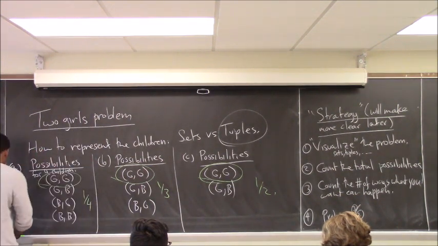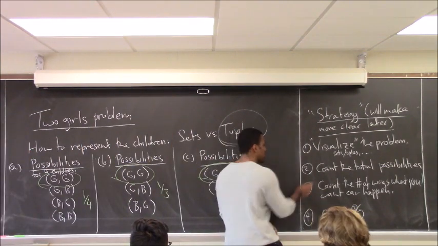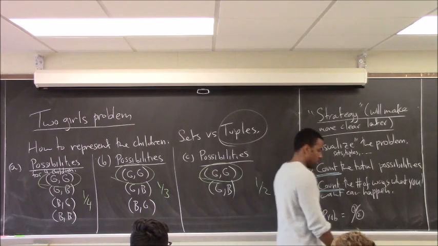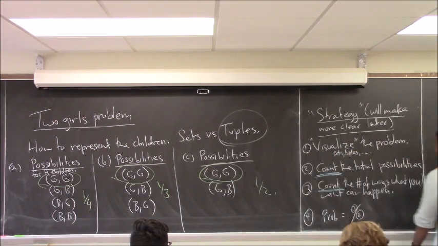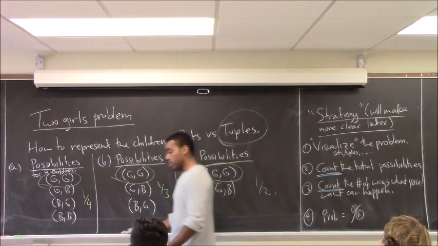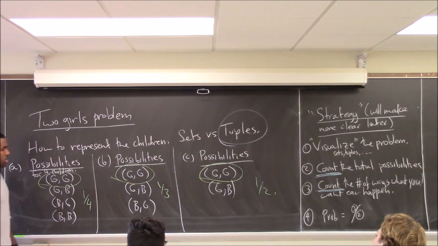But here's one thing that you should notice. Visualizing is pretty important, but it's also pretty important that we know how to count. Because not always are we just going to be dealing with 4 possibilities. Sometimes we'll be dealing with thousands of possibilities. So we're going to need to be able to count things very efficiently. A lot of people think they know how to count.